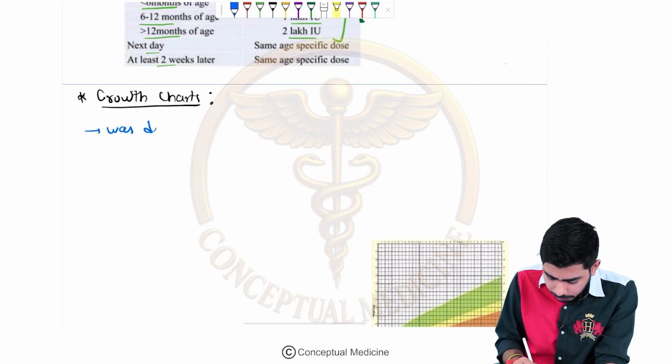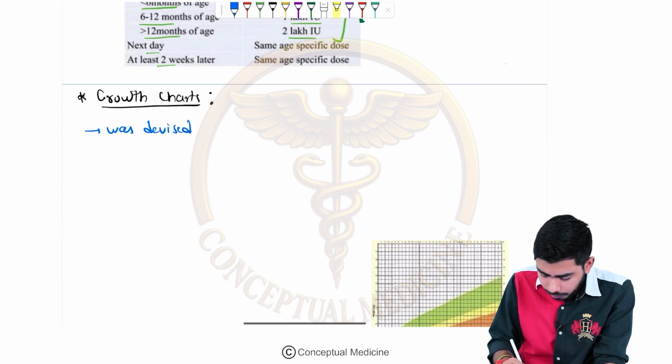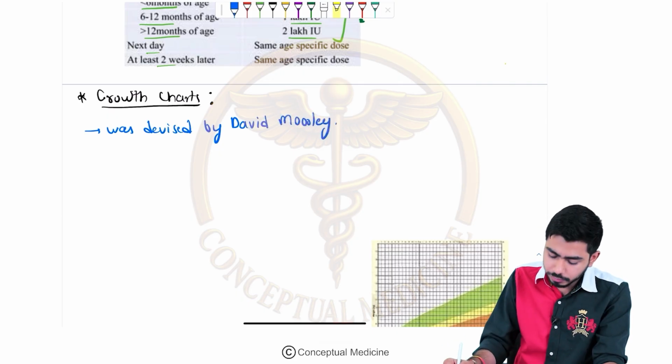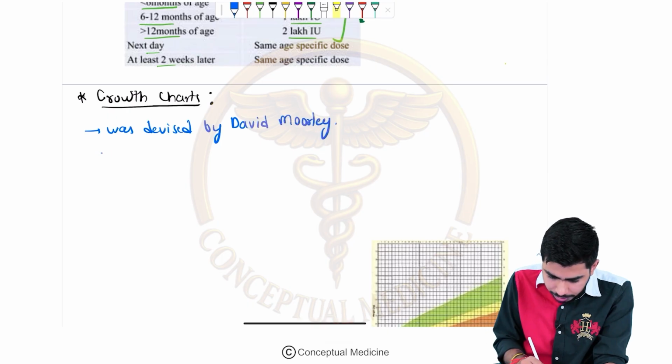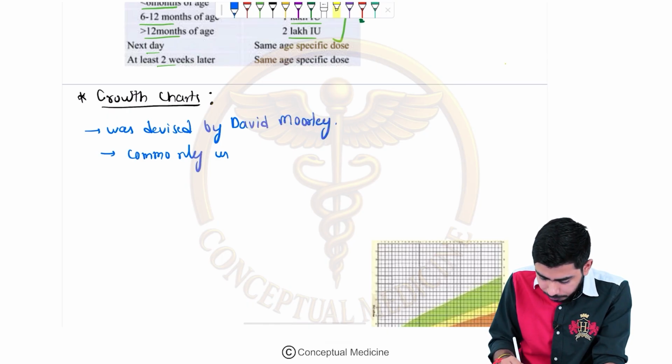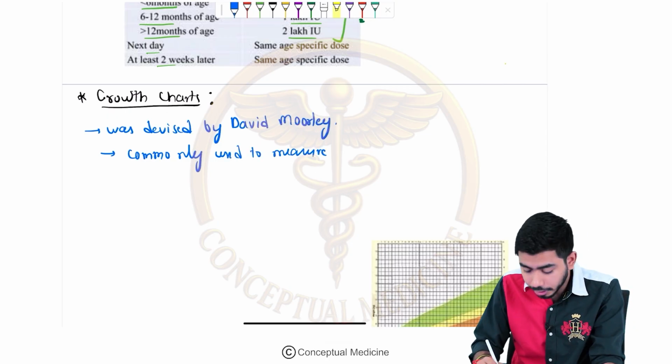Okay, so the growth chart was actually devised by David Morley, right? It is commonly used to measure the weight for age component.